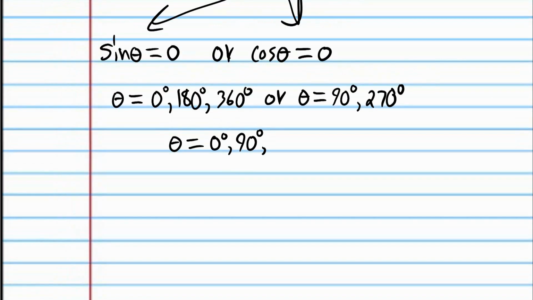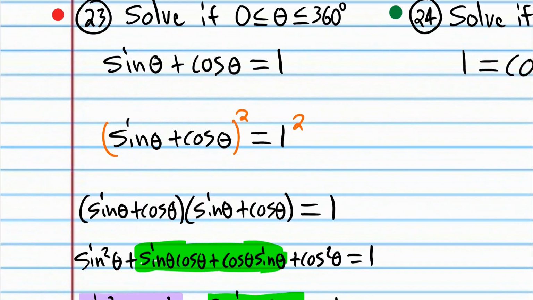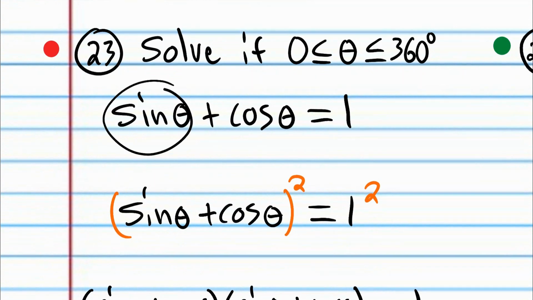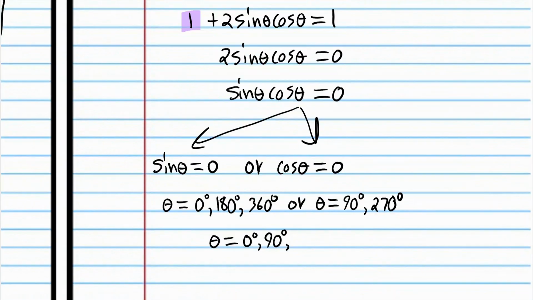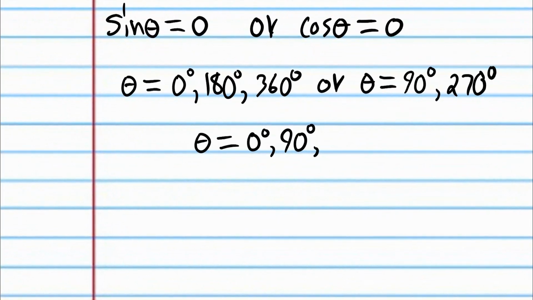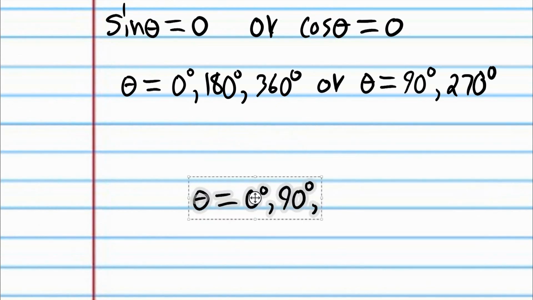Those definitely work. Now let's try 180. Sine 180 is 0, and cosine 180 is -1. That didn't work. 0 plus -1 is not 1. So that's an extraneous solution. So I'm going to go ahead and write the extraneous solutions too, just so we can know what happened to them.